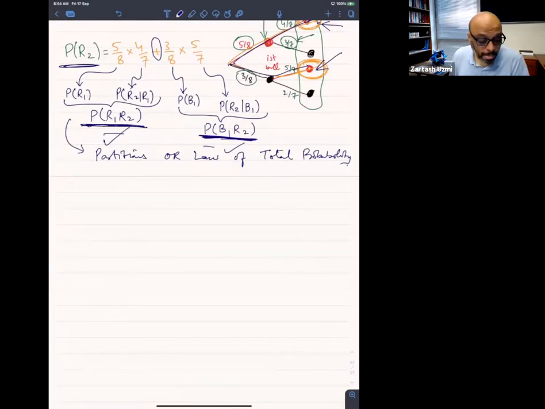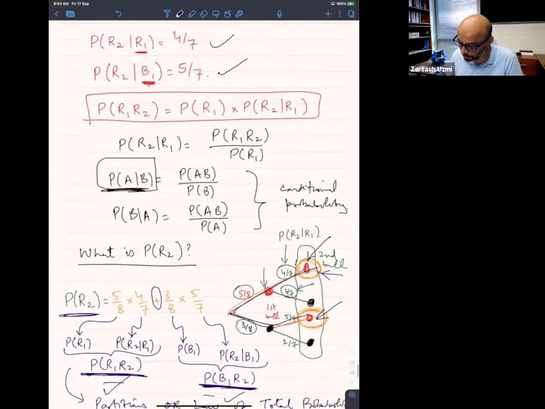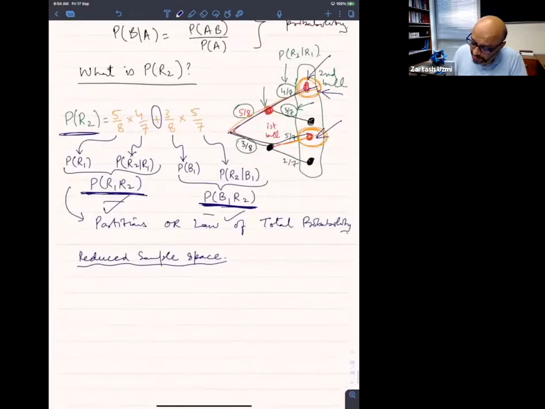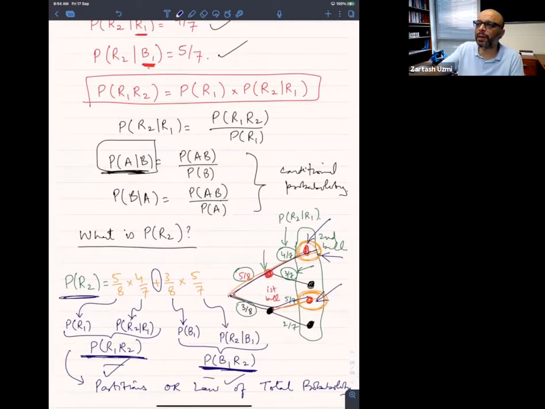All right. So conditional probability is tied to another concept called a reduced sample space. What is reduced sample space? The idea is very simple. Once something is given to you, that is what conditional probability means: something is given to you, and then we ask the probability of some other event.